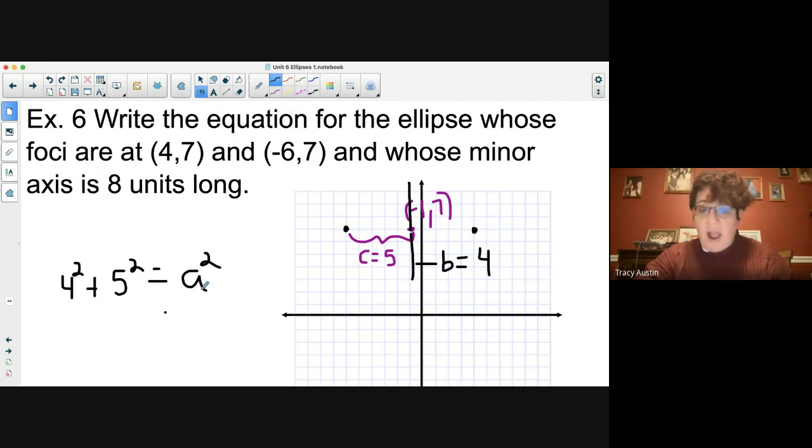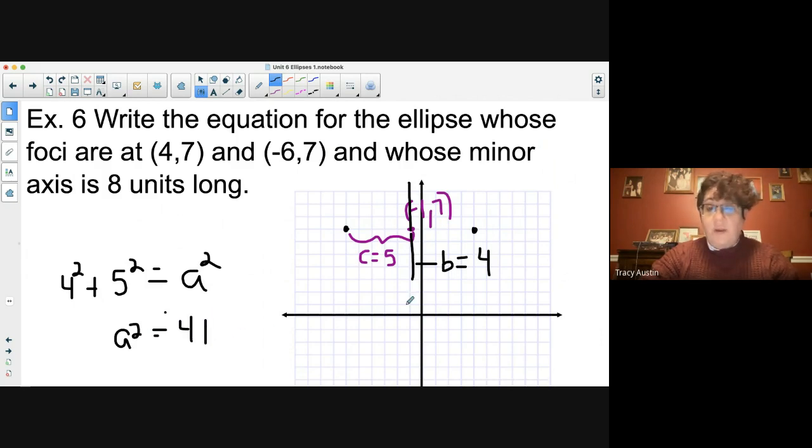Same goes here. I don't want to square root a unless I'm trying to pick pieces out. If all I want to do is write the equation, don't do that to yourself, because it's going to be annoying trying to get the decimals and then square it back out. Just leave it as a squared. That's how you write the equation anyway. So that's just going to be 41. I know that's not going to come out as an even number. Big deal, they don't have to.